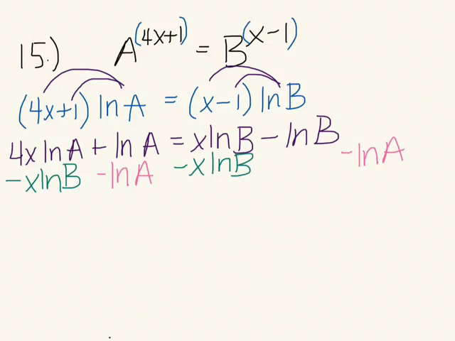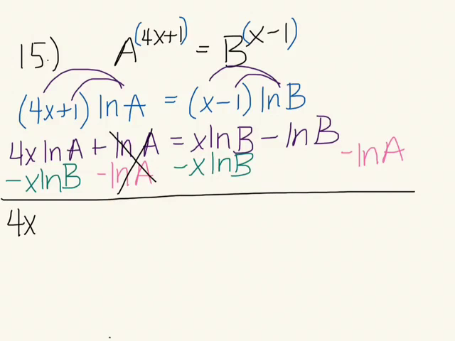Okay, I know that looks messy, so let's cross out what canceled. On the left side, our ln of a is canceled. And on the right side, our x ln of b is canceled.